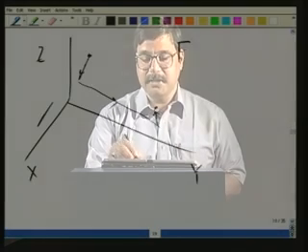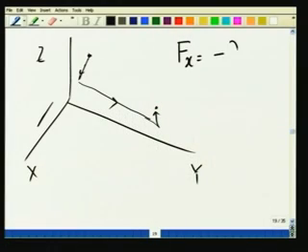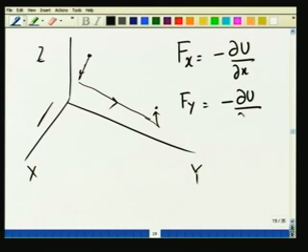When I move along the x axis, change in potential energy comes only due to the x component of the force, and therefore, it is related to the partial derivative of u with respect to x. When I move along the y axis, change in potential energy comes only due to the component of the force along the y axis, and therefore, that is related to the change in u with respect to y, and this is precisely why I get F x equals minus partial of u with respect to x, F y equals minus partial of u with respect to y.